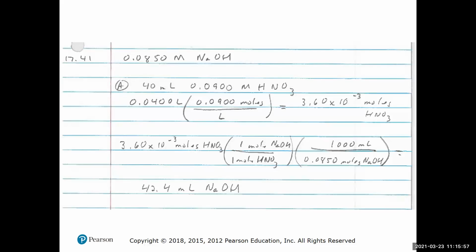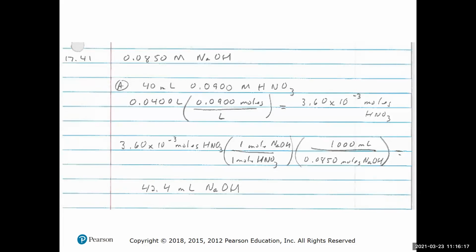Okay, let's look at 1741. So in 1741, we want to know how many milliliters of 0.0850 sodium hydroxide are required to titrate each of the following solutions to the equivalence point.